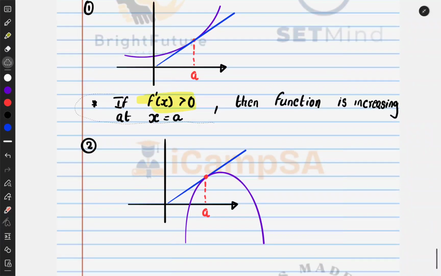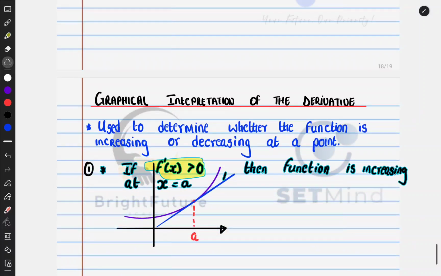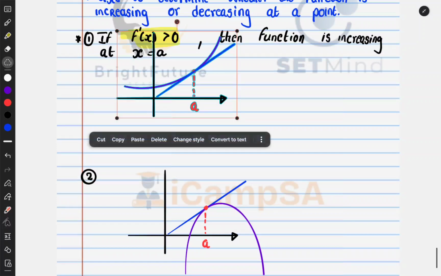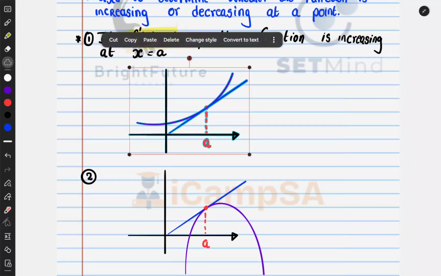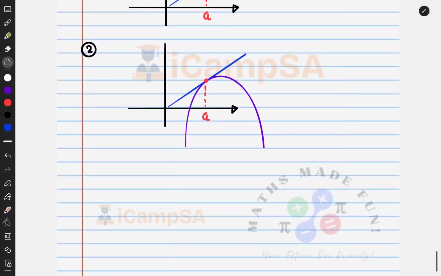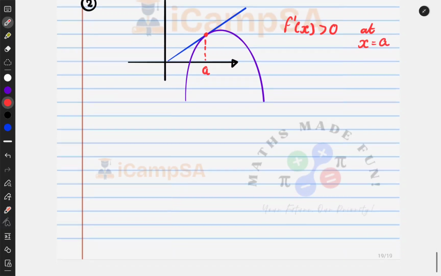In fact, let me just copy this statement to here. So it's the same thing here: f prime x is greater than 0 at x is equal to a.